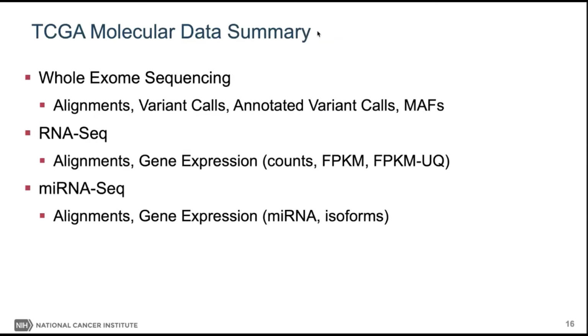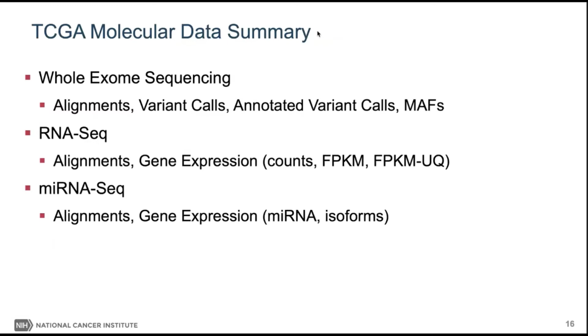So I'm just going to go quickly over what kind of data is available for TCGA. We have whole exome sequencing, RNA-seq, microRNA-seq. For all of these, we have alignments, all of which are aligned to the same reference genome, GRCh38. In our reference file section, you can see the exact version of that.